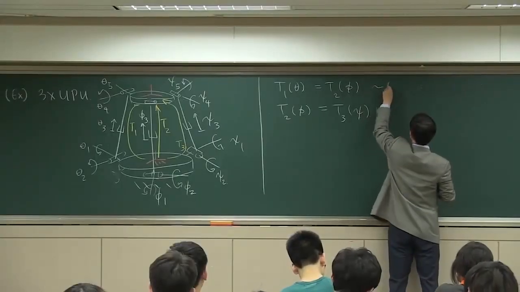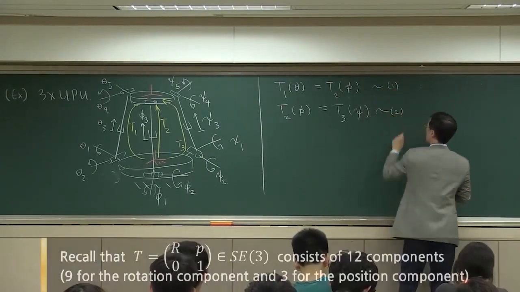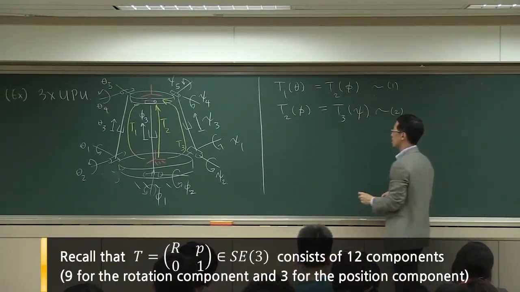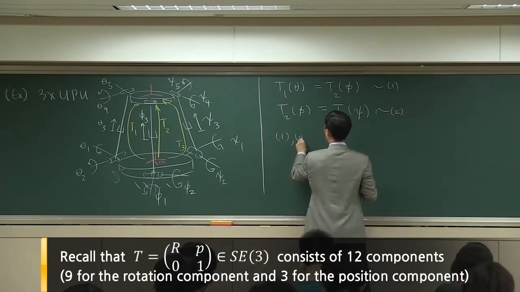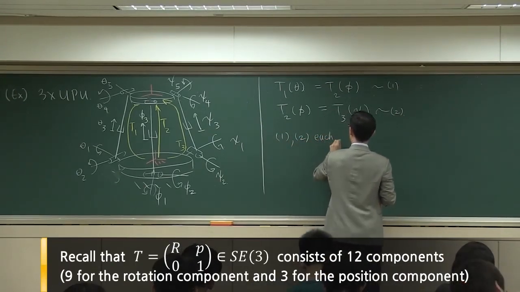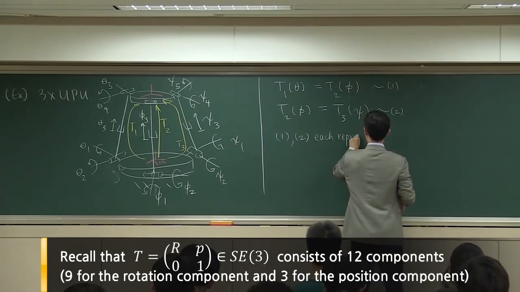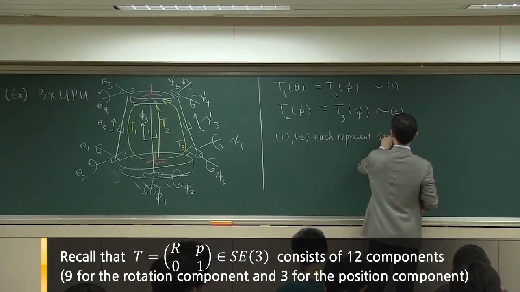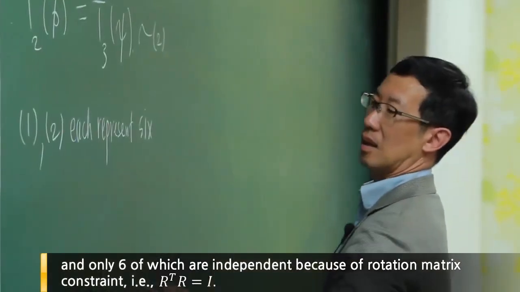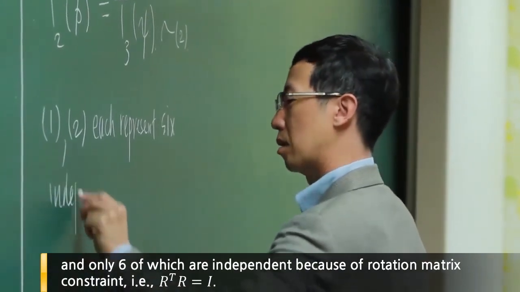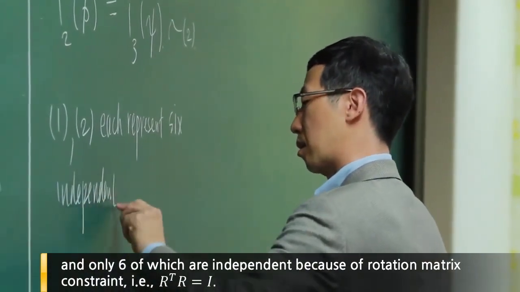All right, so these represent six independent equations. Let's call them equation 1 and equation 2. So 1 and 2 each represent 6 independent equations.